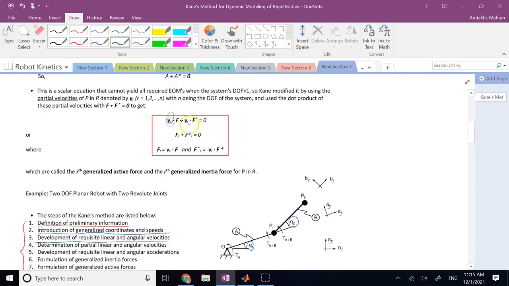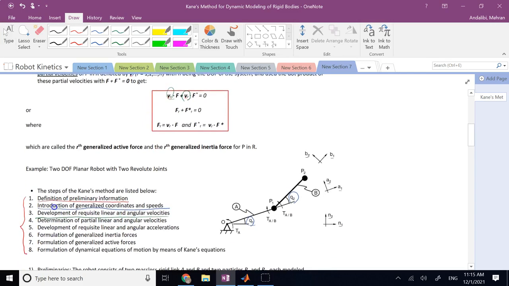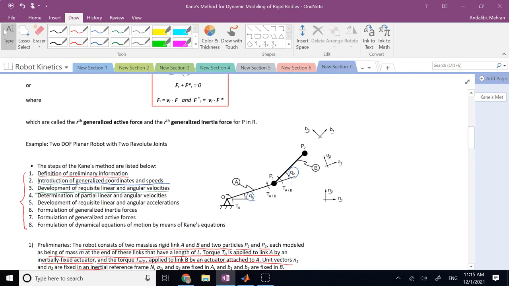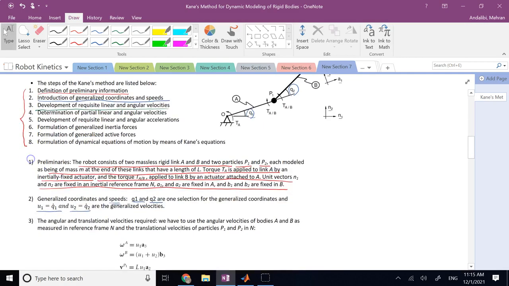In other words, look at your system, see where any external force or torque is applied. Those forces or torques are going to be the cause of what kind of motion? A linear motion, or an angular motion. Whatever velocity is the direct result of those external forces or torques, include it here.